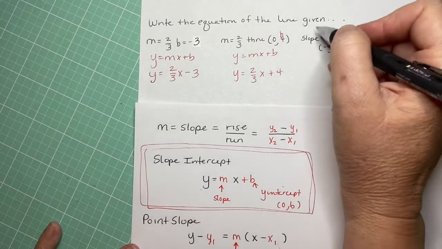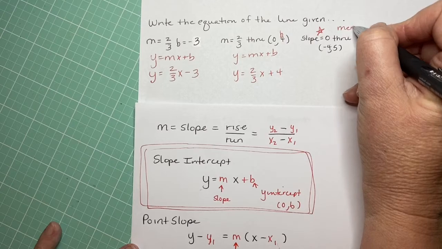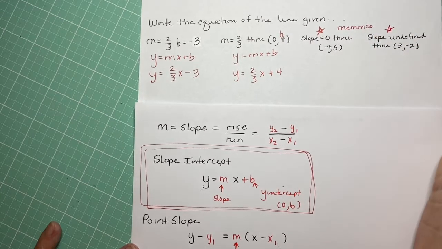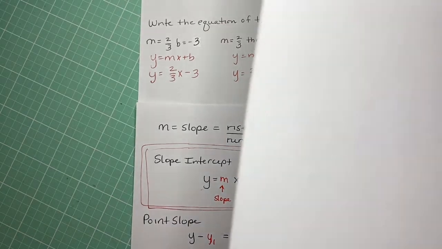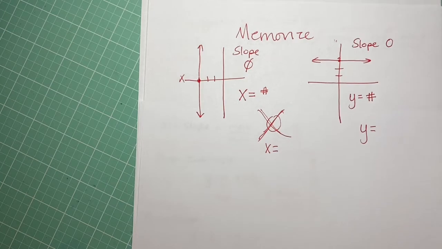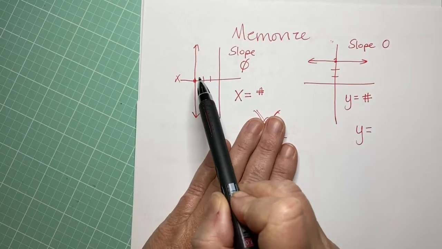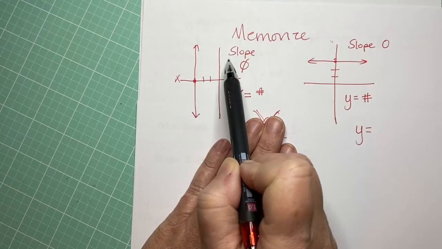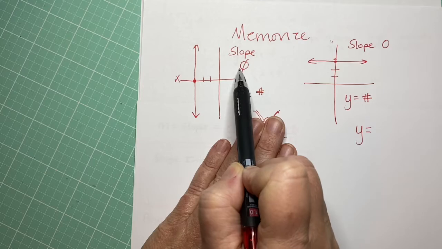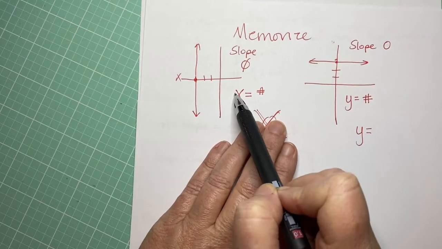Now these next two are those special cases that I tell you in the video to write stars by, because you really want to memorize them. So you should just hopefully memorize that 0 is y equals and undefined is x equals. Let me pull this back up. I use this in another video, but just ignore this right here. Because a vertical line always crosses the x-axis and the slope for this vertical line is undefined, undefined is always x equals some number.